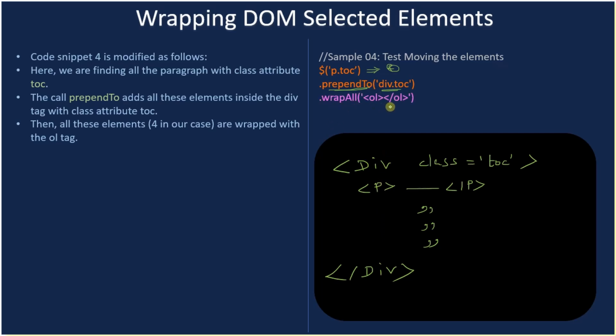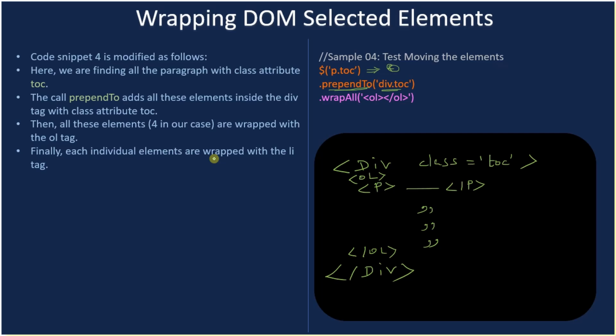Now wrapAll: we are chaining it, so prependTo, then we are wrapping all. So these 4 elements we are prepending to div.toc, then wrapping all these 4 elements inside the ol tag, right?